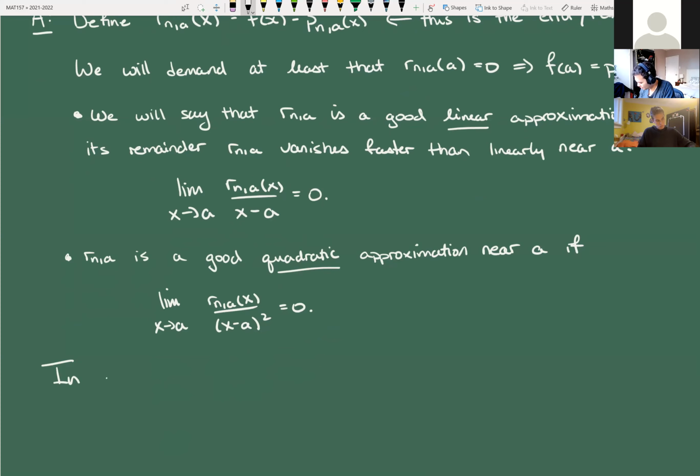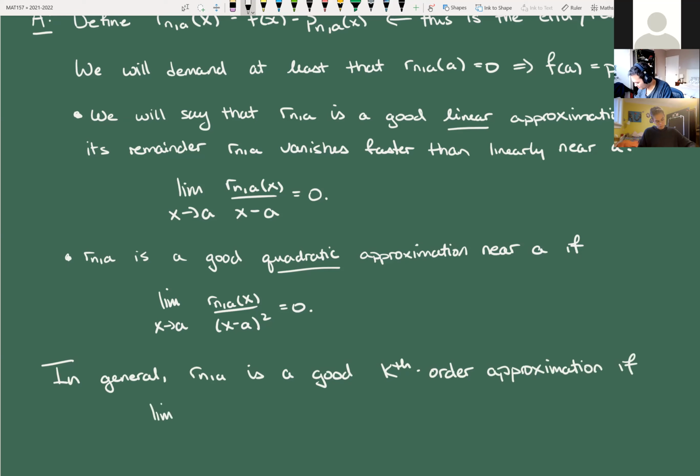So in general, R_{n,a} is a good kth order approximation if the limit as x approaches a of the remainder over (x minus a) to the power of k is equal to 0.